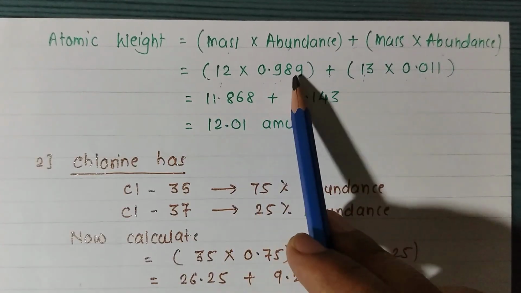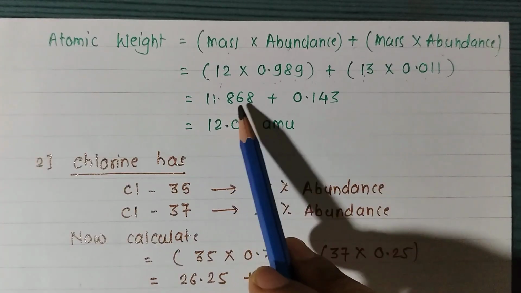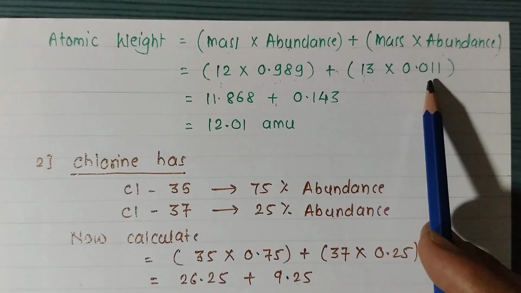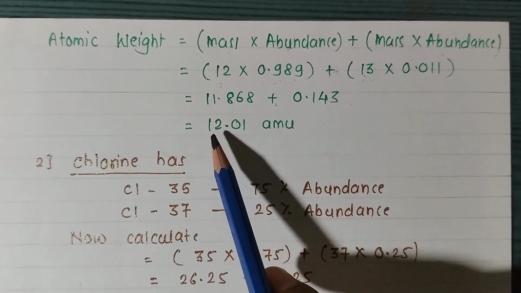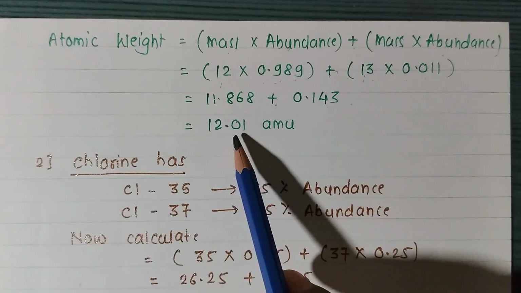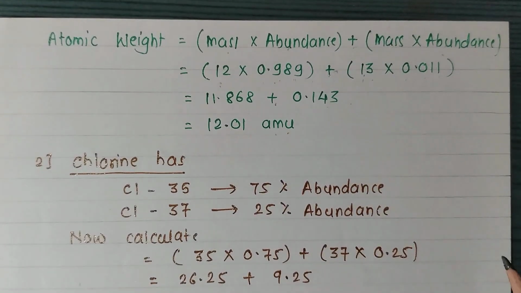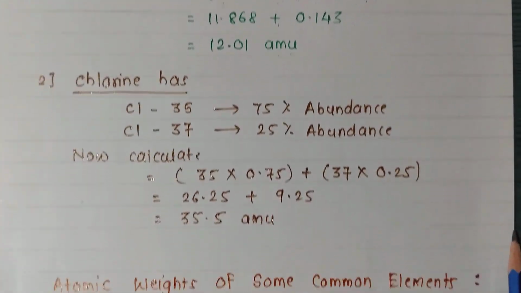So 12 into 0.989 becomes 11.868 plus 13 into 0.011 becomes 0.143. So this is about 12.01 AMU. So this is the atomic weight of carbon.